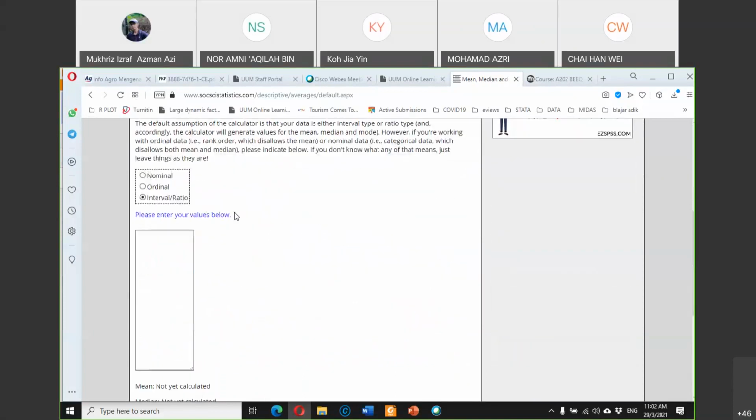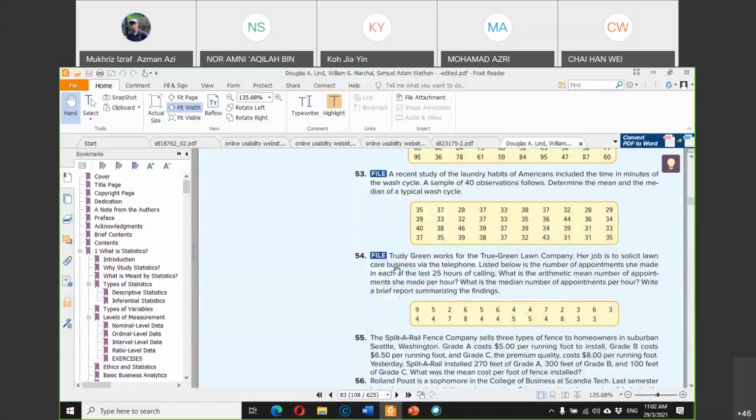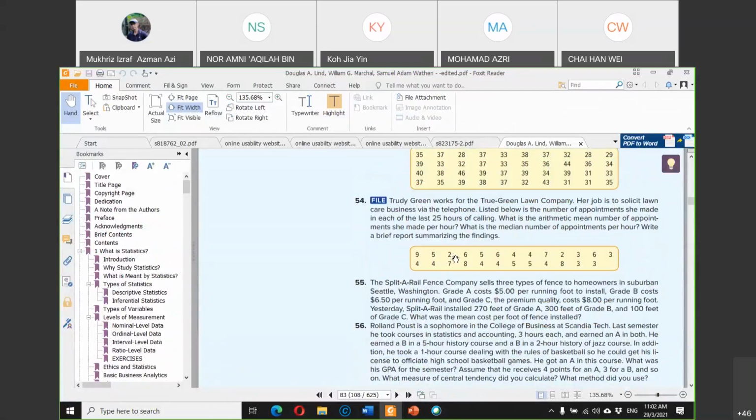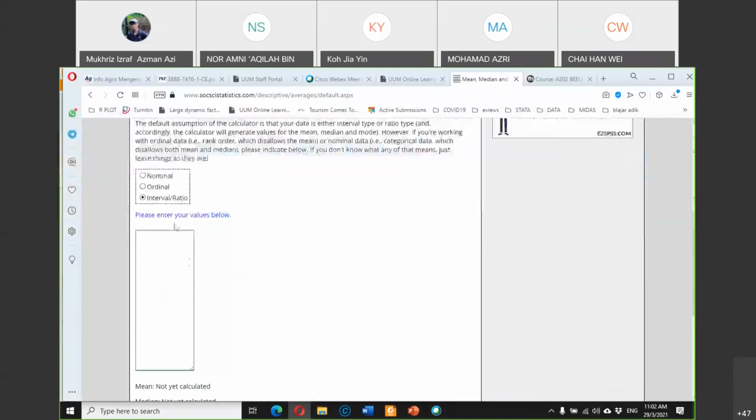Here you have the options for whether your data is nominal, ordinal, or interval ratio. Our data from question 54 is clearly interval or ratio data. Most of our data will be interval or ratio, so you're going to use this option.